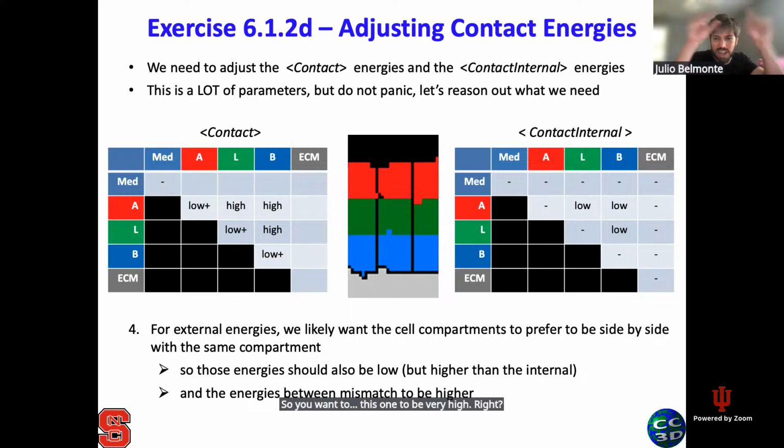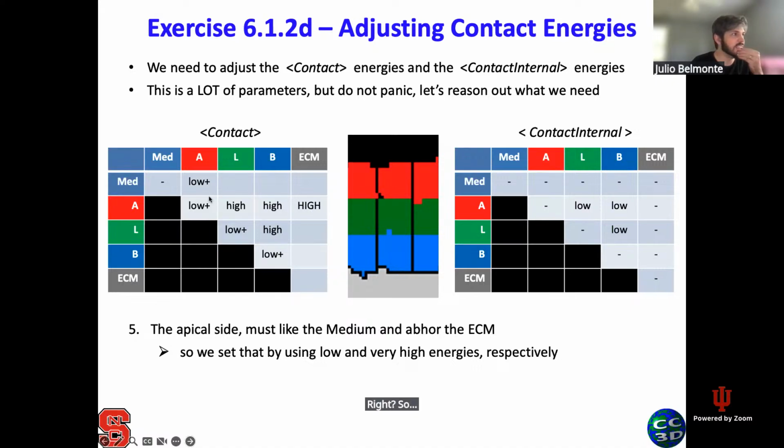You may add high with bold letters. What about the ECM and the apical side? Should it be high or low? High, because you want your apical side to not touch the ECM, right? So you want it to be high.